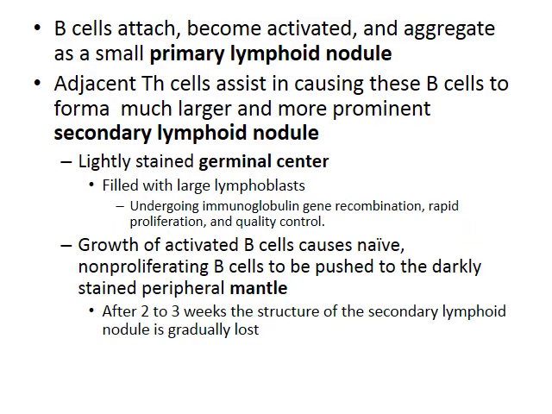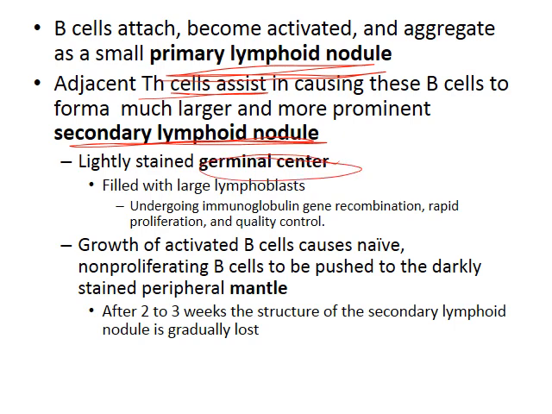So B cells attached to these become activated and aggregate as a small primary lymphoid nodule. The adjacent Th cells will assist, causing them to form a much larger, more prominent secondary lymphoid nodule. So they're going to stain lightly in the germinal center, which is where our lymphoblasts are, and they're going to undergo immunoglobulin gene recombination, proliferation, and quality control.